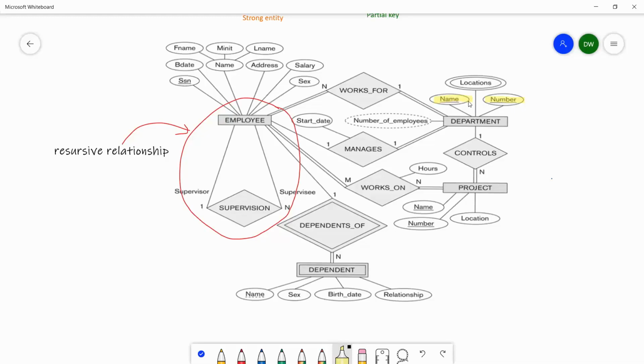So composite key means if we combine two or more keys together to make a primary key, we say it is a composite key. Remember that it is called a composite key, right? And what else do we have here? We have another attribute that belongs to this works on relationship.